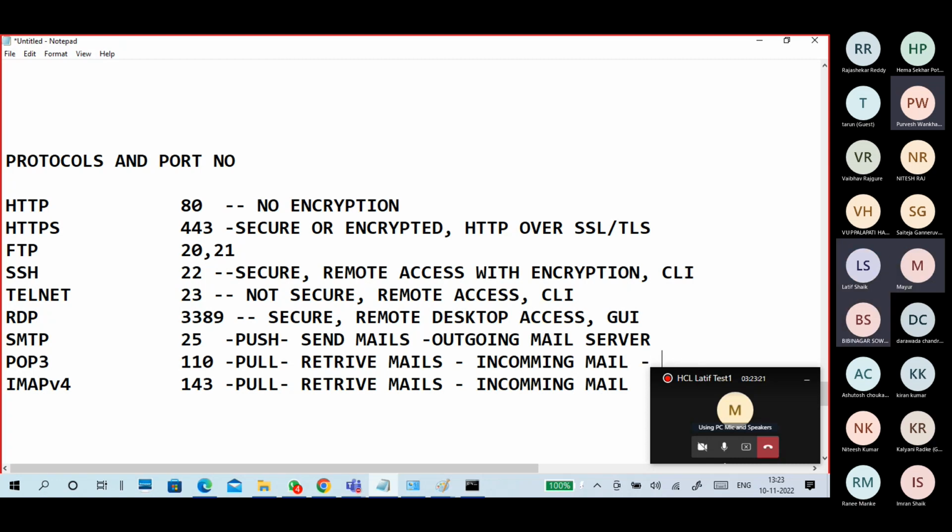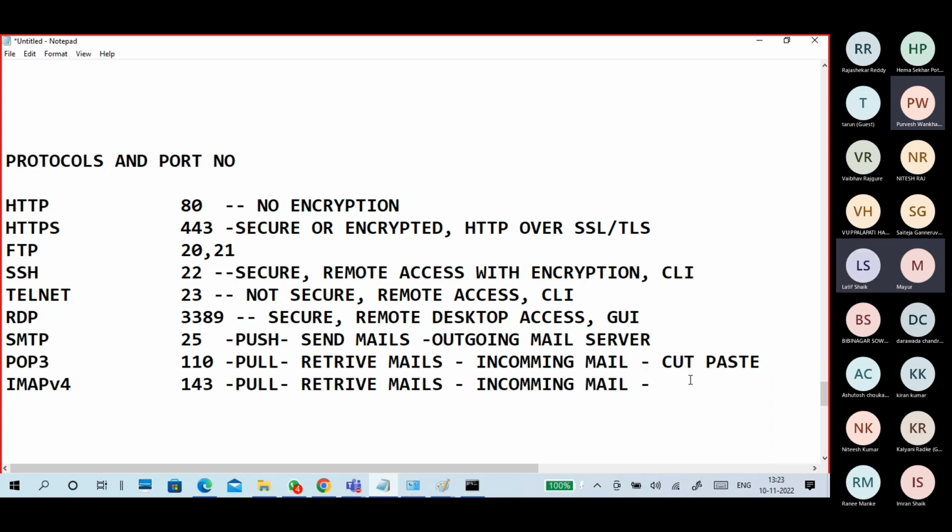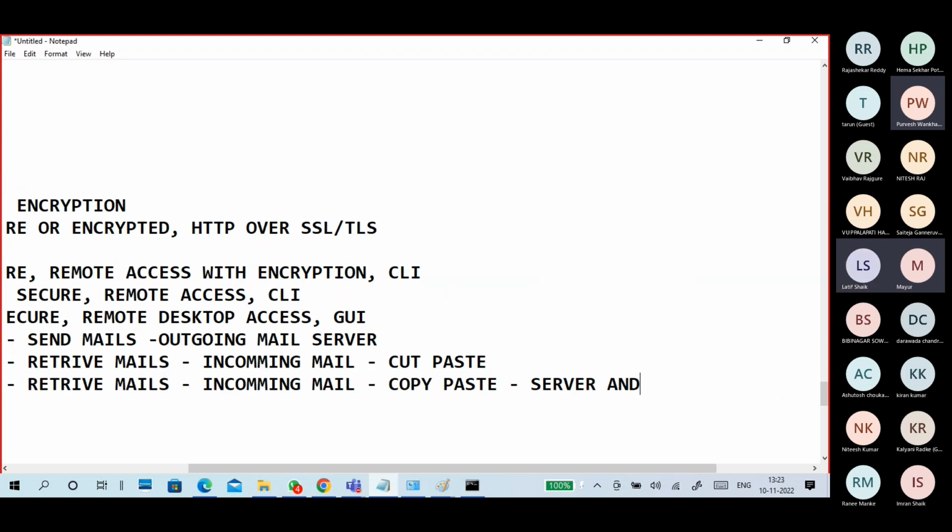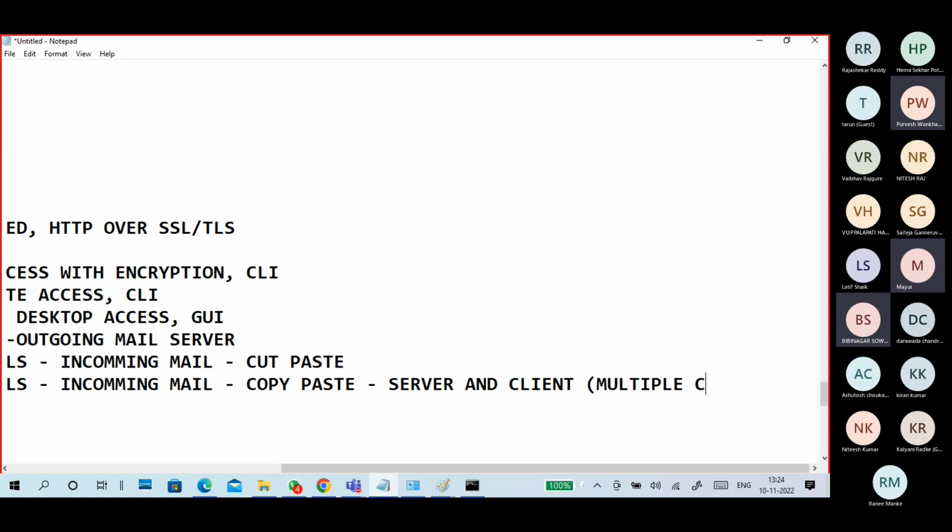POP is like cut and paste. IMAP is kind of copy and paste, meaning it keeps data on both server and client. Not only one client, you can use multiple clients.